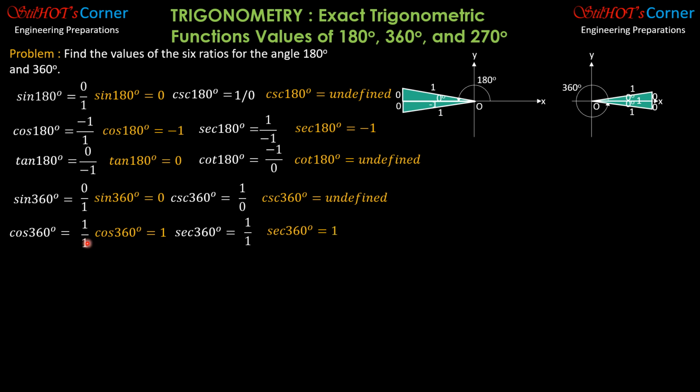Then for tangent 360 degrees, it is opposite over adjacent. Opposite is 0, adjacent is 1. So 0 over 1 is equal to 0. Tangent of 360 degrees is 0. While its reciprocal, cotangent of 360 degrees, is 1 over 0, so it is undefined.